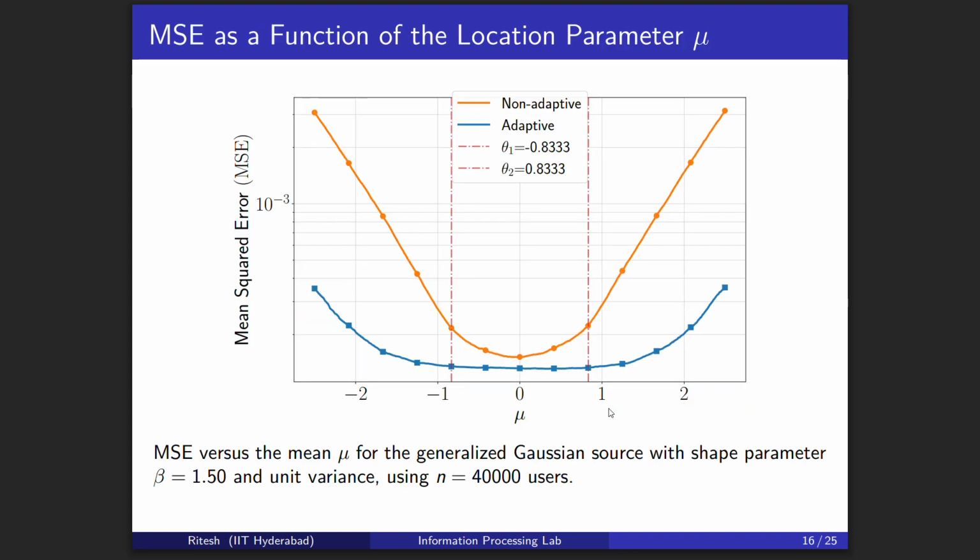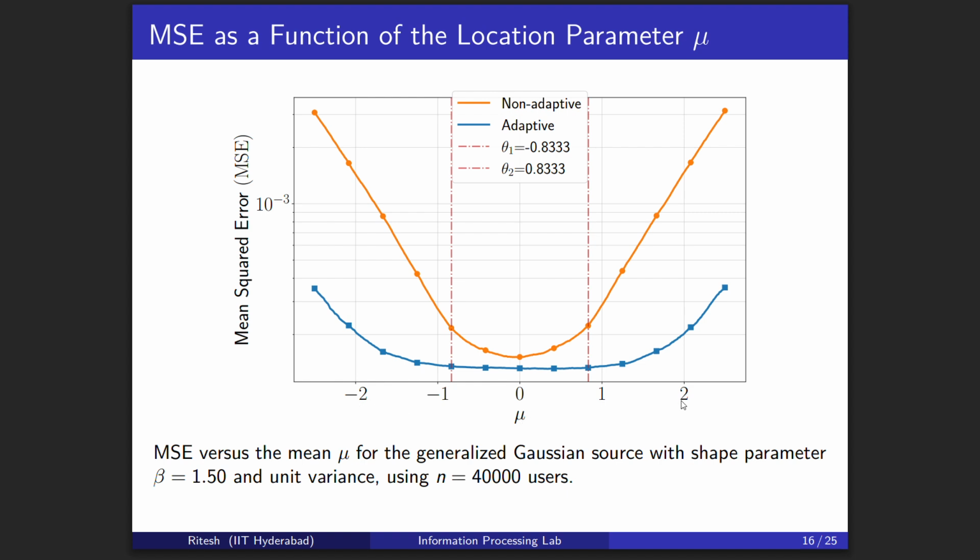So now MSE is a function of the location parameter. We have set beta equal to 1.5 with unit variance, using 40k users. One can see the lower bound and the MSE for the adaptive one and for the non-adaptive one. In all cases, we have sampled mu from -2 to 2.